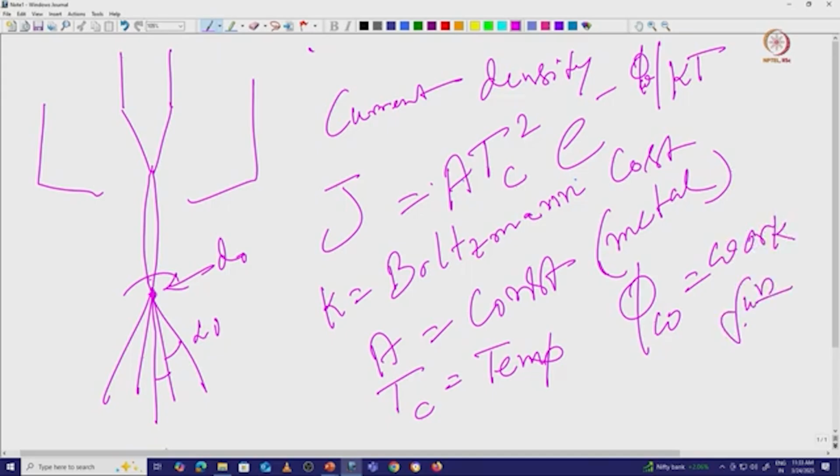This constant A depends on what kind of metal we are using, and it will vary based on the metal. We already discussed that heat energy is very important for extracting the electron, and it also depends on our work function. So this is the formula to get the current density.